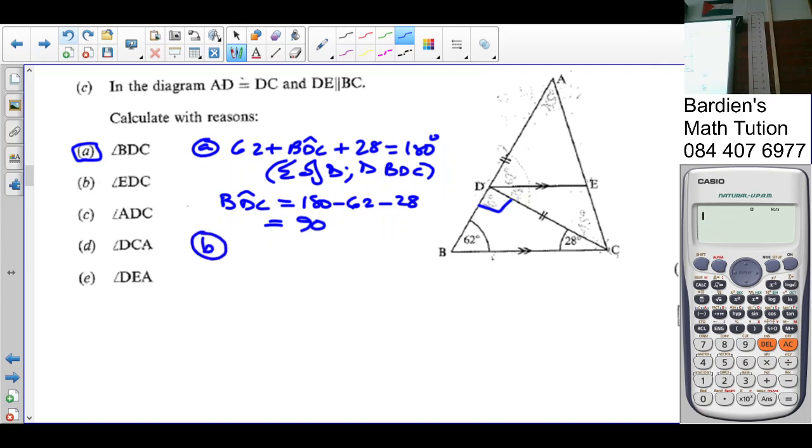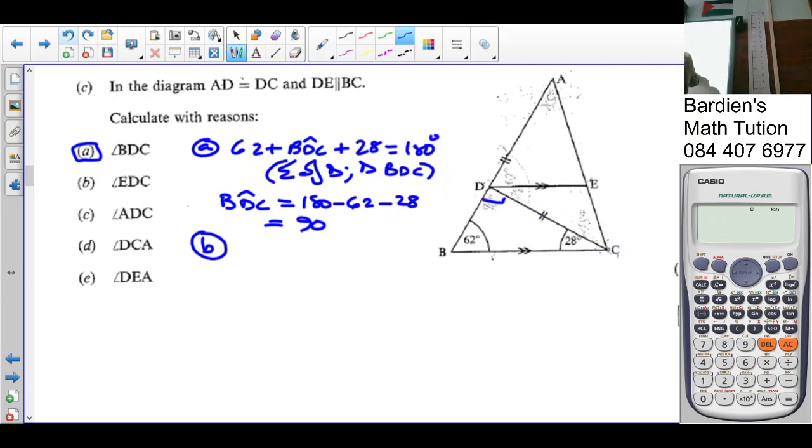B. It asks you to calculate EDC. Are you going to calculate this angle here? Alternate angles. Can you all see that, people? Are you writing down? Don't tell me later. You got it right. Nice.